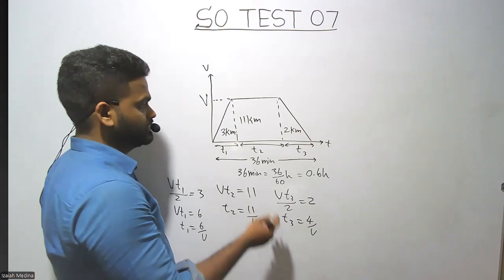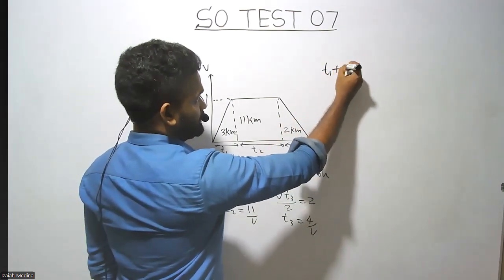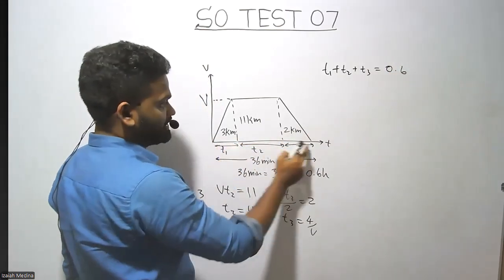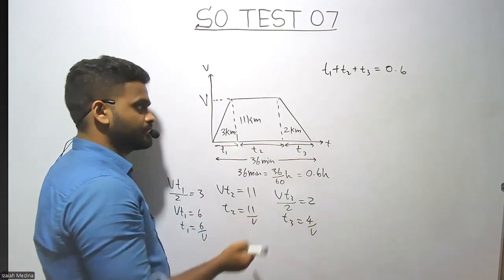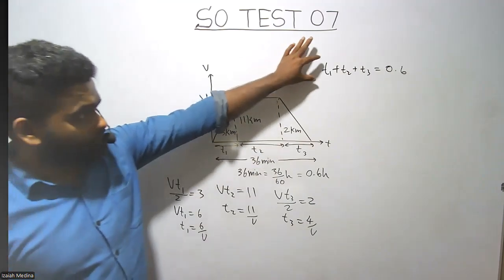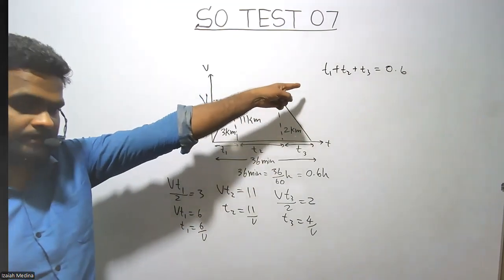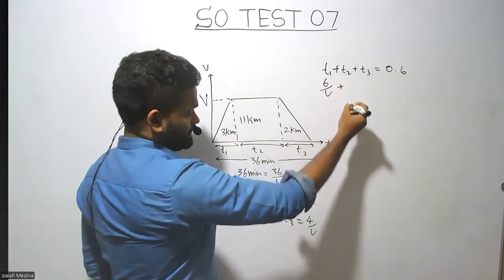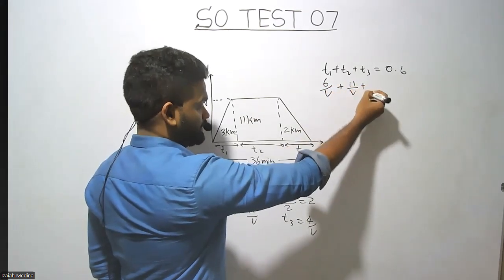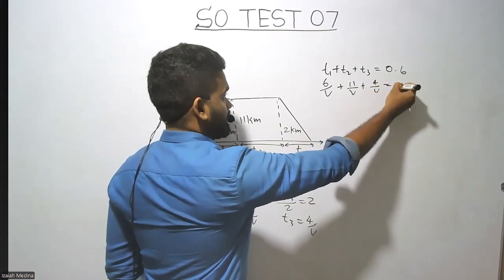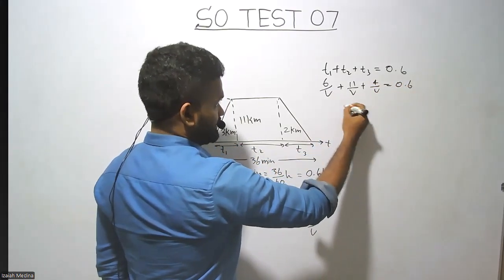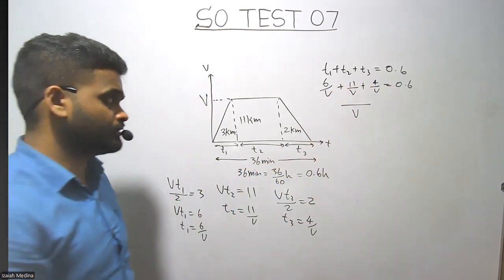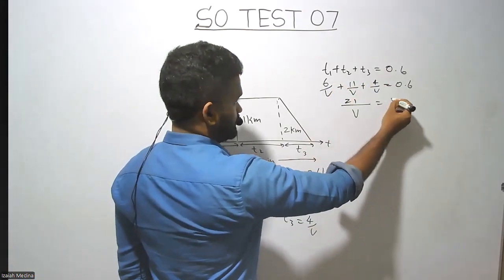Another one, you know this one, T1 plus T2 plus T3. That is just 0.6, right? 36 minutes, in hours it is 0.6. Then I can substitute these values for T1, T2 and T3. So T1 is 6 over V, T2 is 11 over V, T3 is 4 over V. Numerator 6 plus 11 is 17, 17 plus 4 is 21, over V equals 0.6.